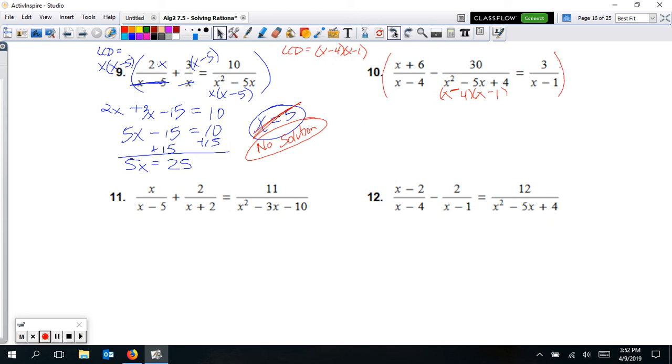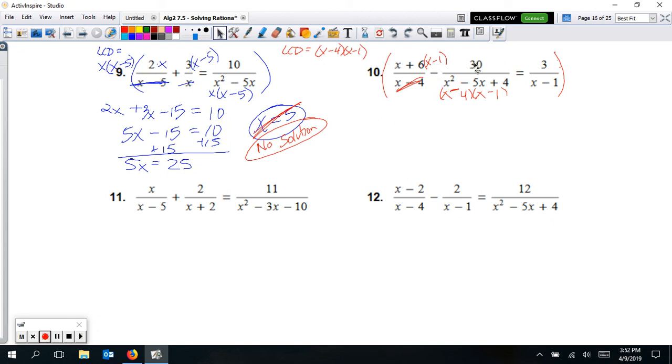Let's put parentheses around the entire equation here to multiply. So this first fraction, we're going to cross out the x minus 4 with the x minus 4 in the LCD. But then there's still this x minus 1 to multiply this numerator by. So x plus 6 is going to get multiplied by x minus 1. And on this one, we're going to cross out the entire LCD, so there's nothing left to multiply 30 by.